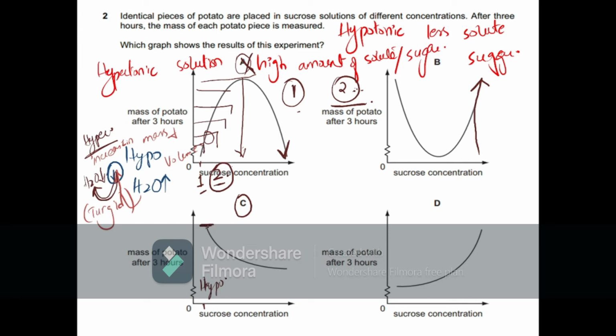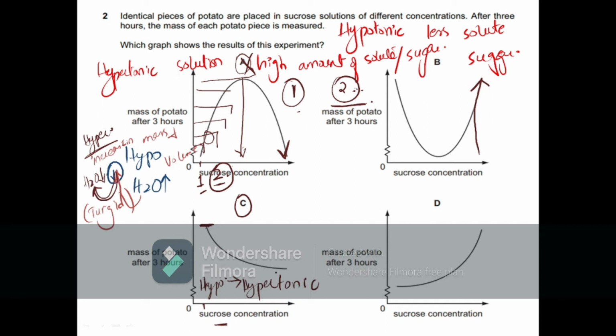Then gradually, when you are increasing the sucrose concentration, the solution starts to convert from hypotonic to hypertonic, and in this way, more and more water starts to move outside and causes shrinkage of the cell.